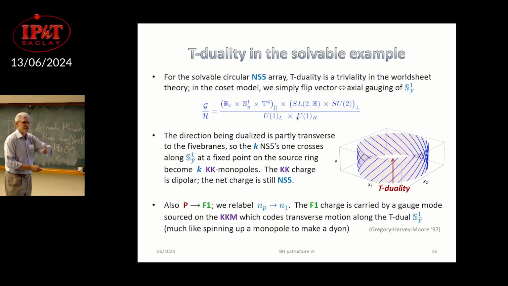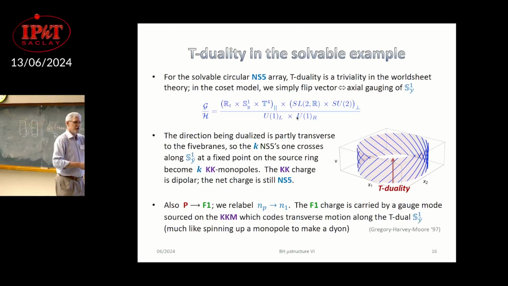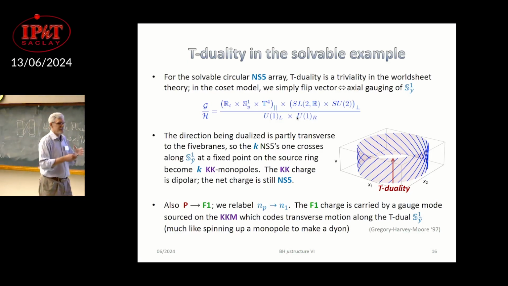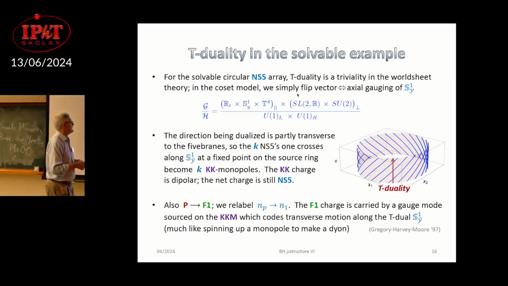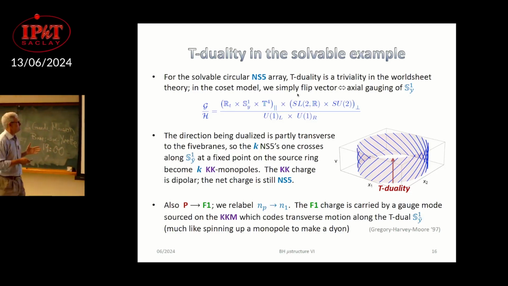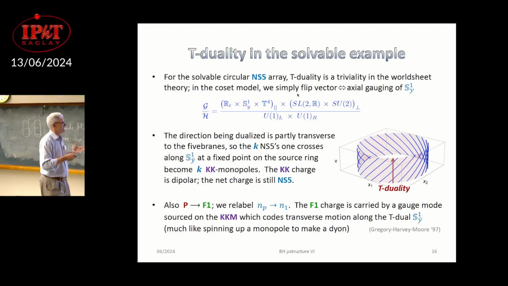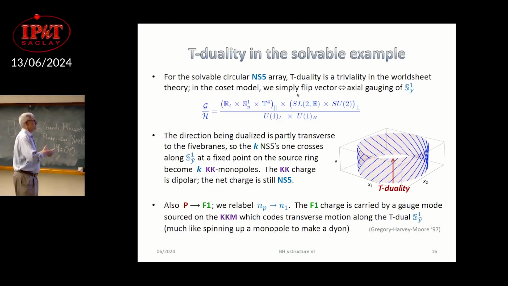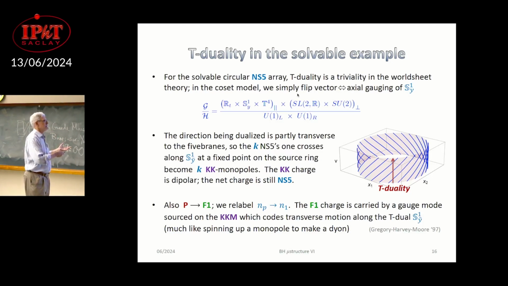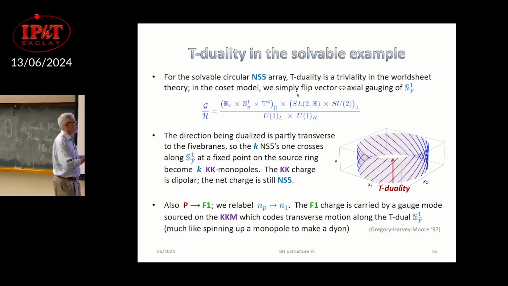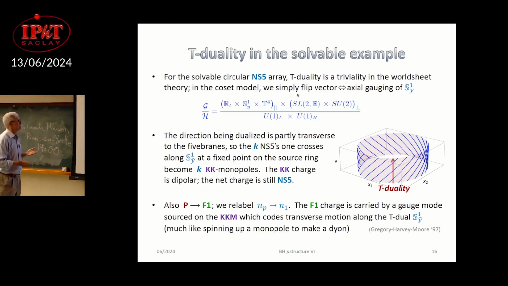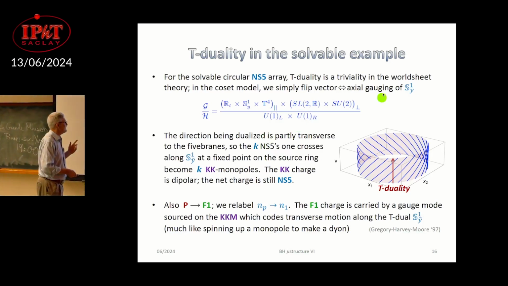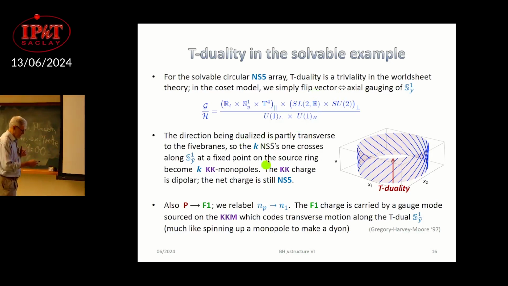But the momentum that's keeping the thing supported T-dualizes to string winding. And so everything I just told you about five-branes being puffed out is also some statement about the near-source structure of NS5-F1 solutions. Because if perturbative string theory is a reliable guide for the NS5-P solutions, it's also a reliable guide for the NS5-F1 solutions. We just need to be a little bit careful about what's the appropriate duality frame to be thinking about.